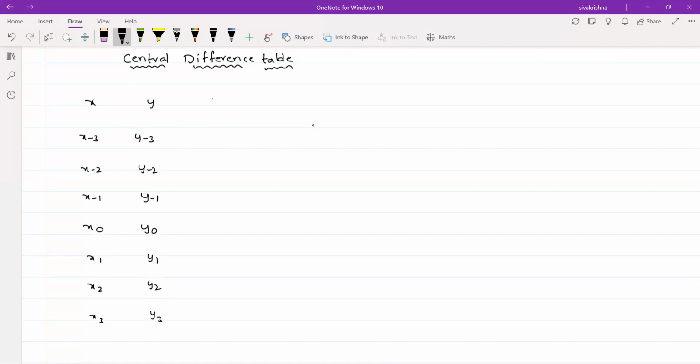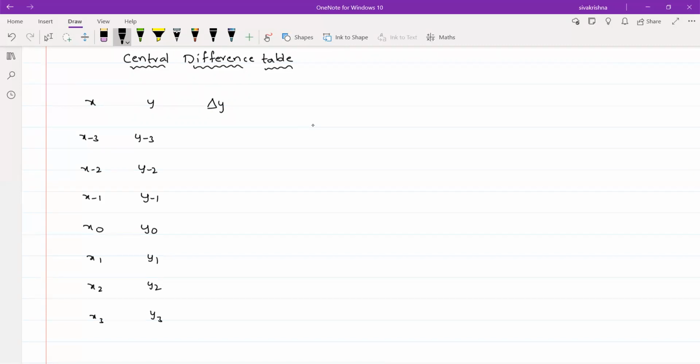Now the first differences, delta y. I am just writing the names of the first differences. How to find the differences is similar to Newton's forward difference table and backward difference table; in the same way we find the differences here also.